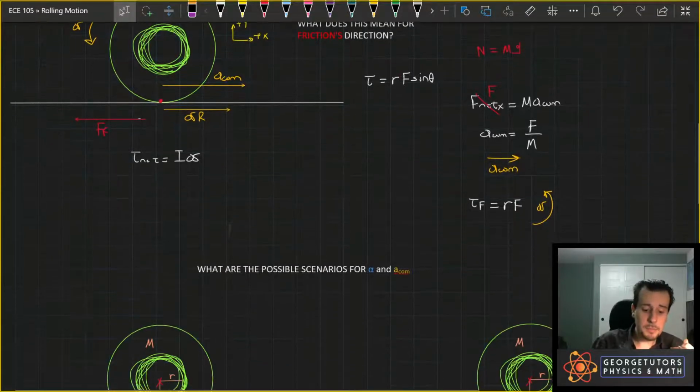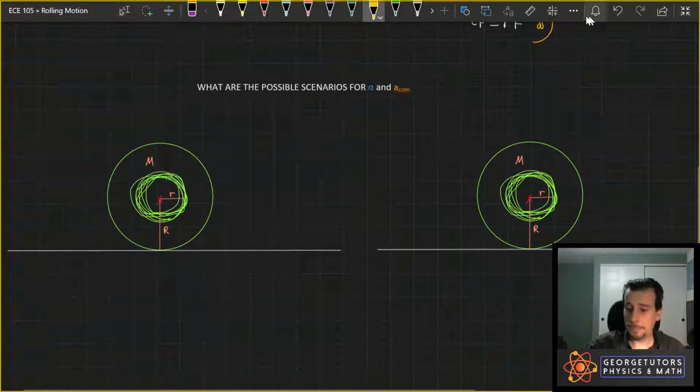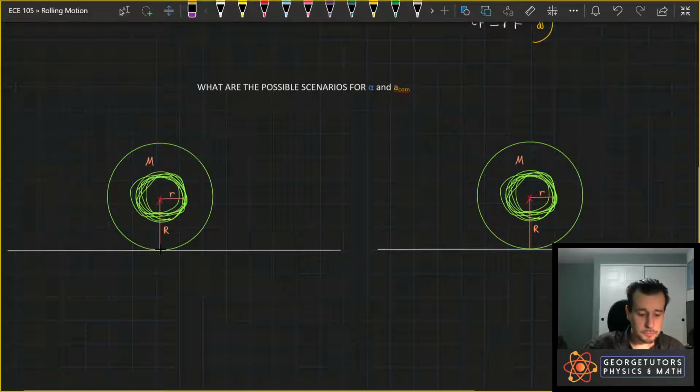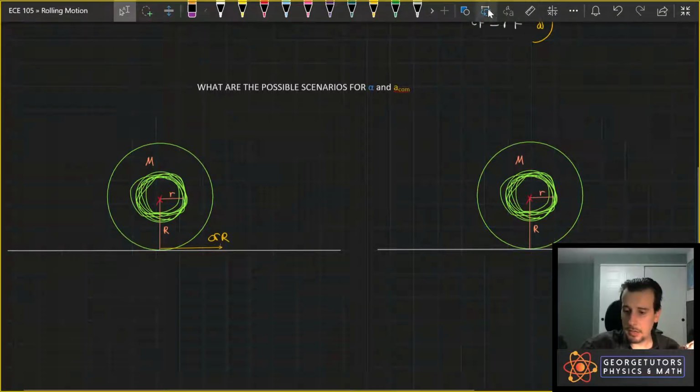And I'm going to outline them here. Here's what could happen. We said that after we account for friction, one of the scenarios here is that we're going to get a residual alpha R forwards like this. And we're going to get over here an ACOM that points basically backwards like so.